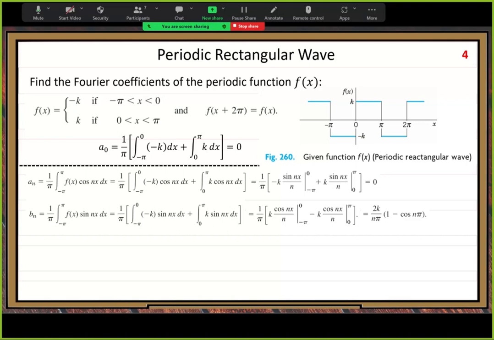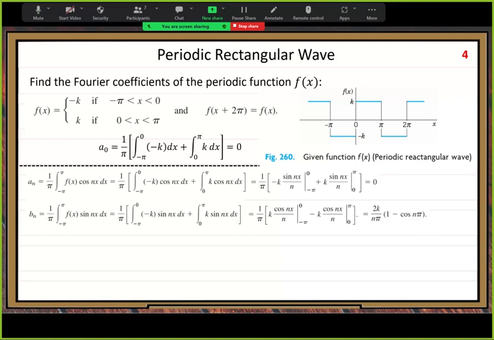When n is an even number, cosine n pi equals 1, and 1 minus 1 is 0. So when n is even, these b coefficients are also 0. But when n is an odd number, cosine of an odd number times pi is negative 1. So 1 minus negative 1.